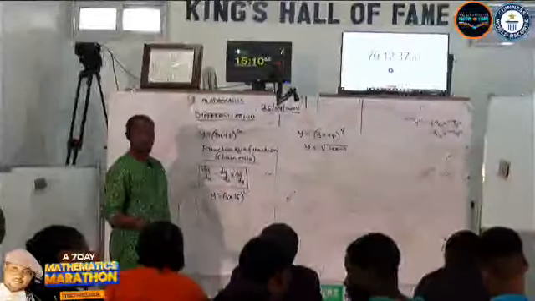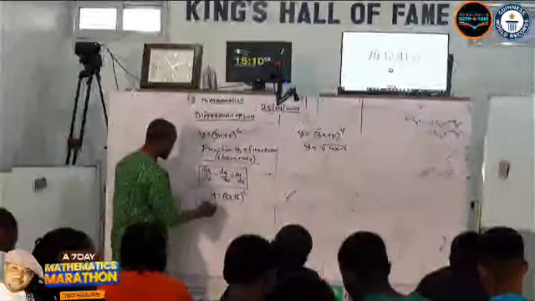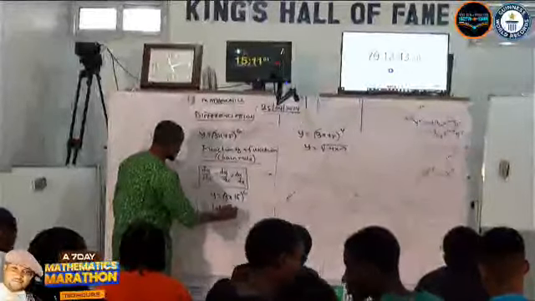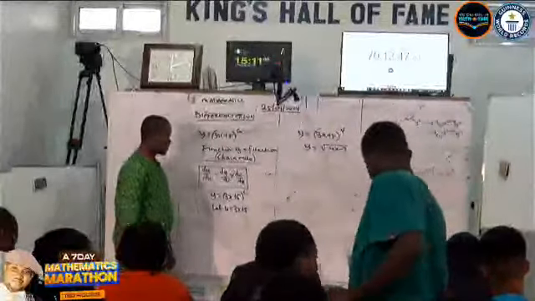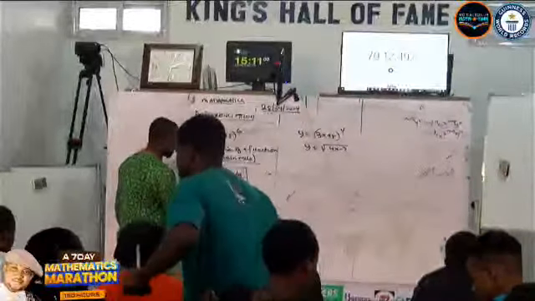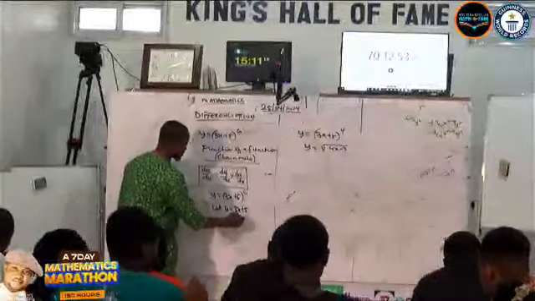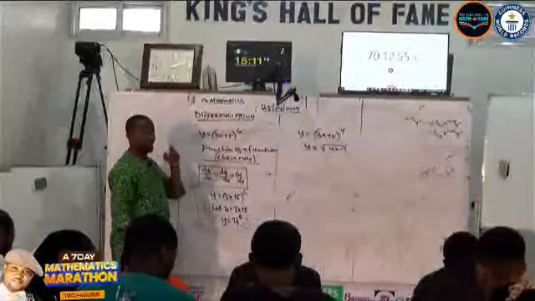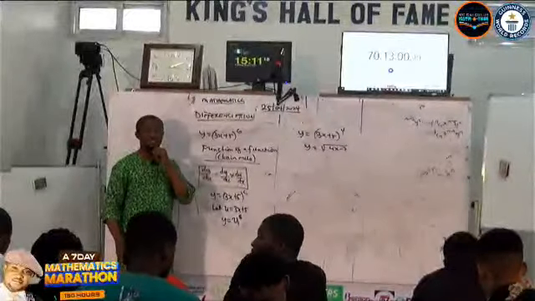What you do is, you say, let u equal 3x. So when you put u here, y will be what? u to the power of 6. Is that clear?